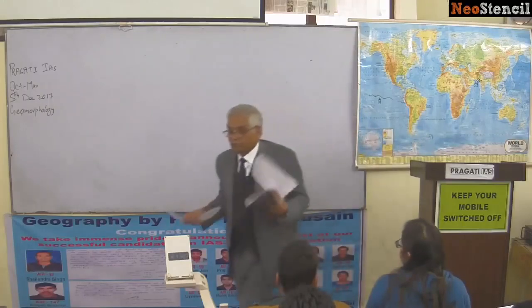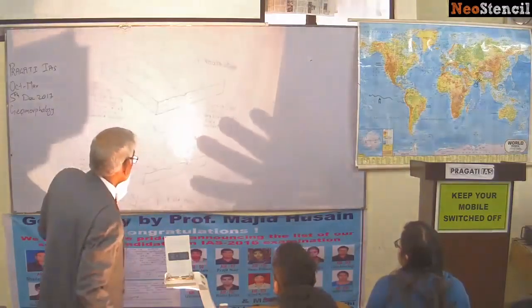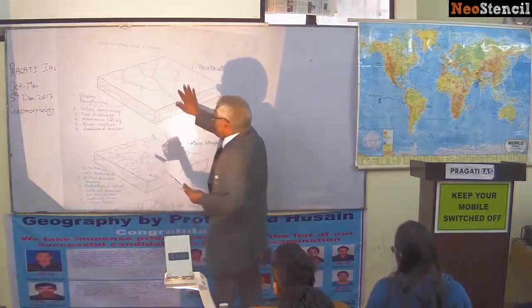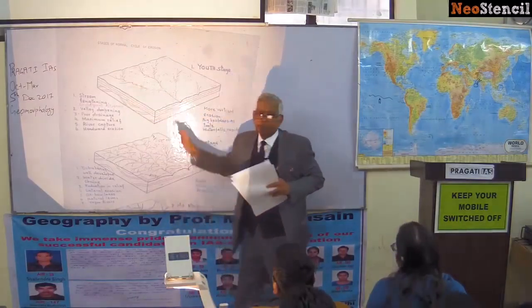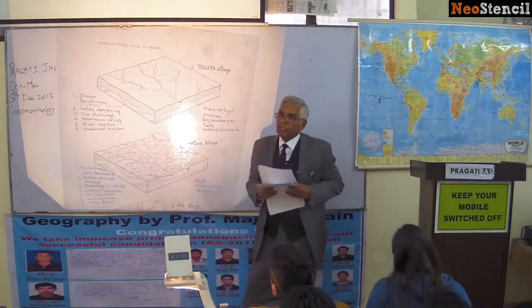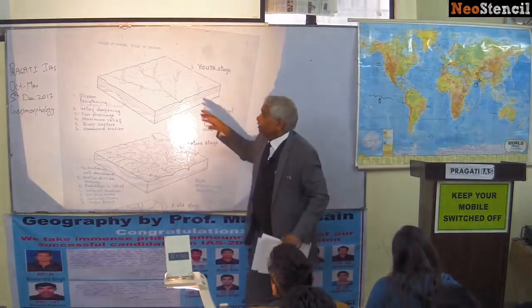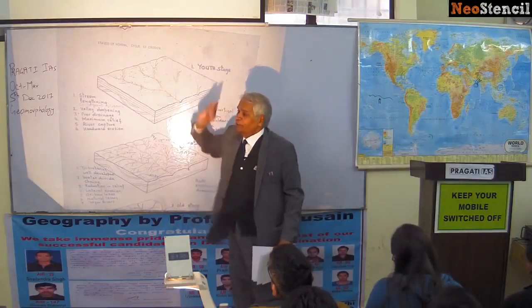See, what is the condition of youth stage? This is actually the youth stage. The rivers have started developing. The network is not complete. If there is water here, where will it go, this side or this side?